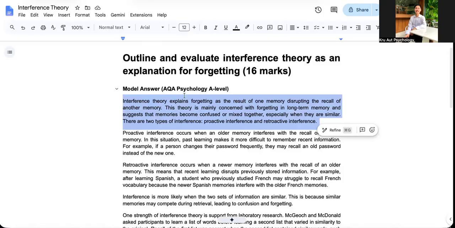We need to say that interference happens in long-term memory. We can't just leave that out, because why does it happen in long-term memory rather than short-term?